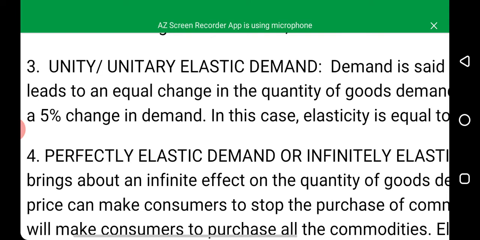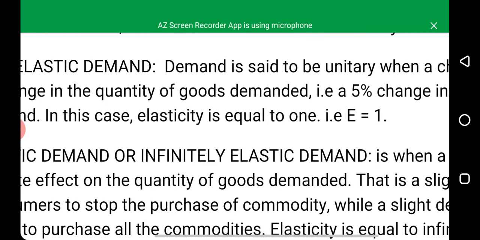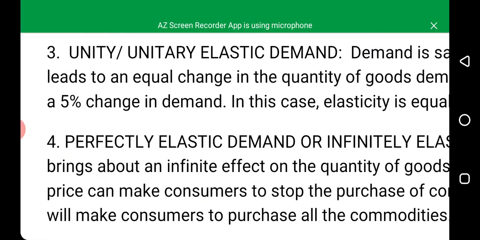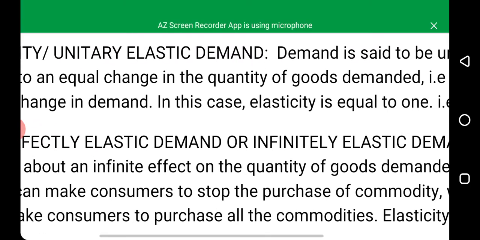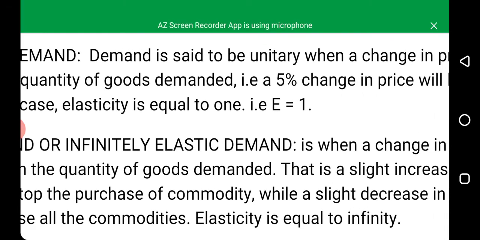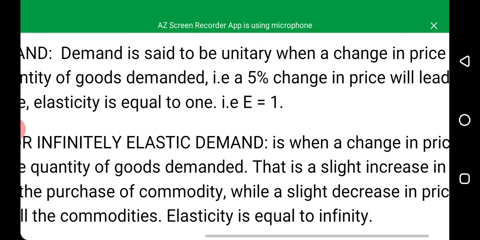The number 3 is unity or unitary elastic demand. Demand is said to be unitary when a change in price leads to an equal change in the quantity of goods demanded.